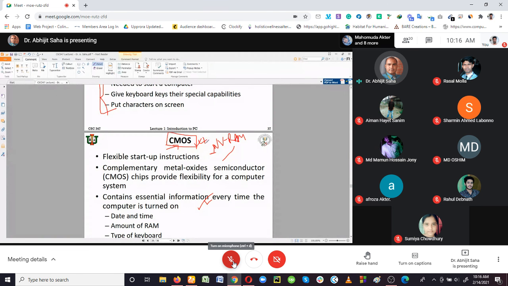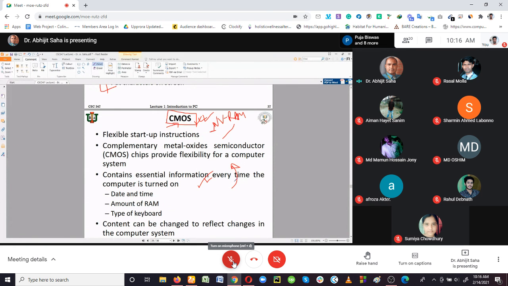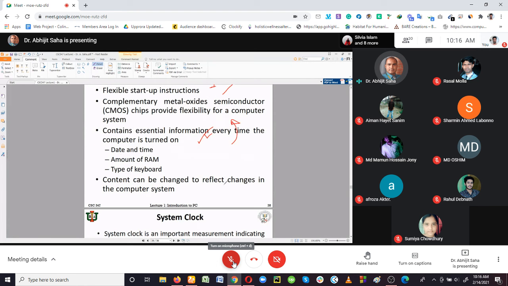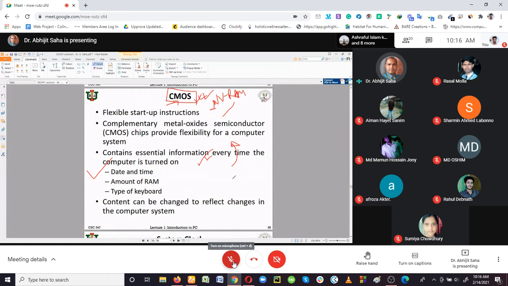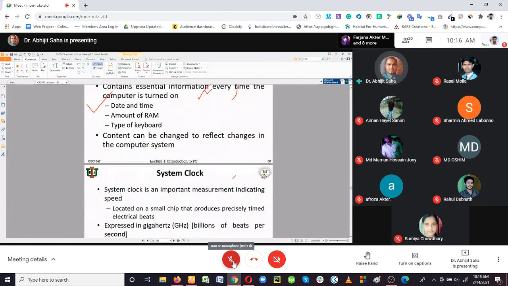But in the case of CMOS, it is not, because you are supplying constant power with the CMOS battery. So the information in the CMOS stays there even though the computer is turned off. That is how you should compare each of them: RAM with ROM and CMOS, ROM with RAM and CMOS, and CMOS with RAM and ROM. These are the discussions you need to check out.